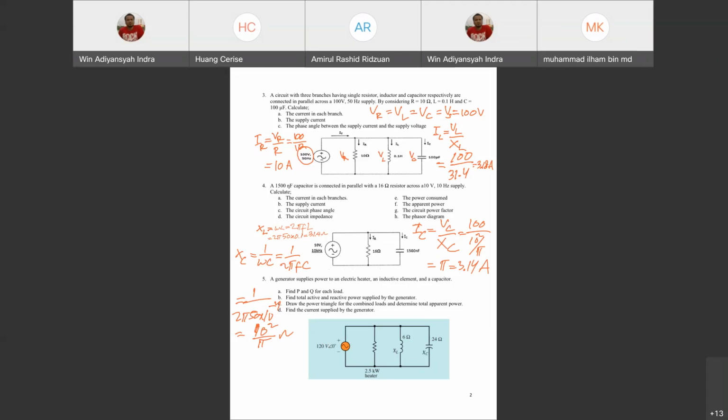Since we have both inductor and capacitor, remember inductor and capacitor have a 90-degree difference.